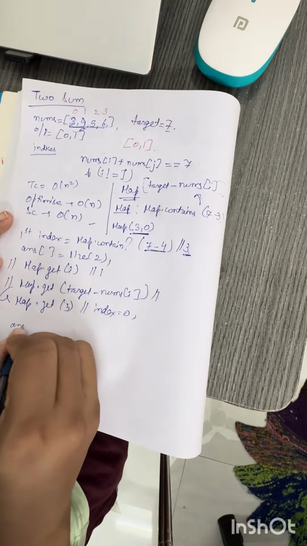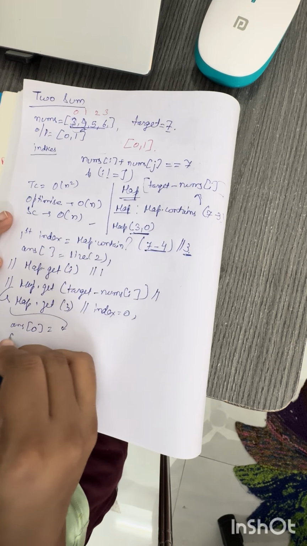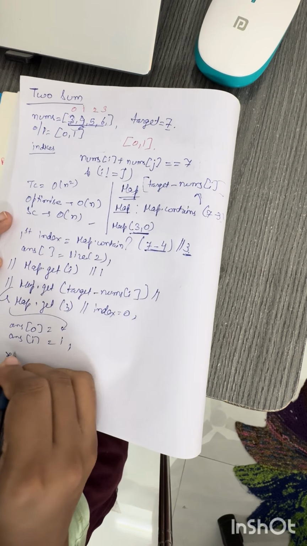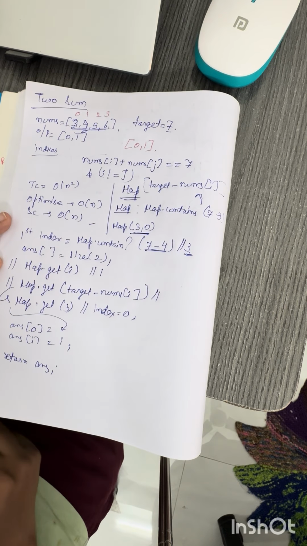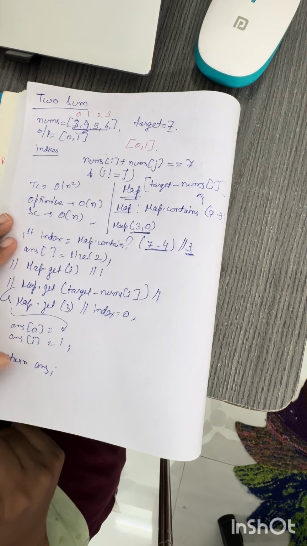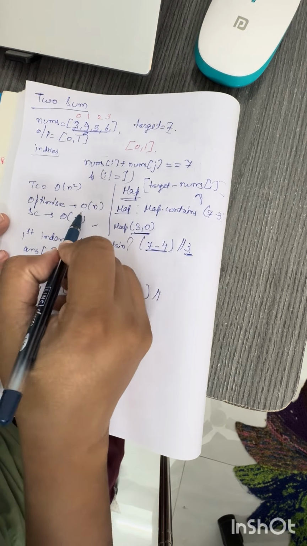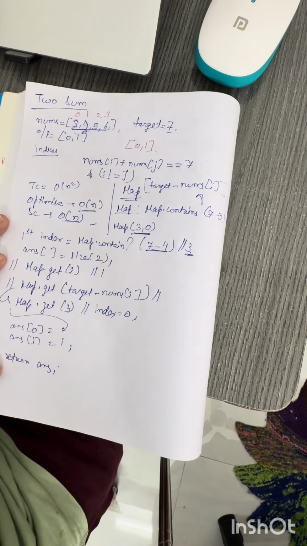We can insert both the values, answer of 0 here, and in answer of 1 we can insert index i, and then return answer itself, because the return type is an array. So in this case, as I said, time complexity and space complexity both will become big O of n. Now I'll show you the code.